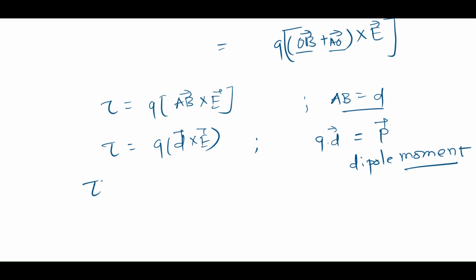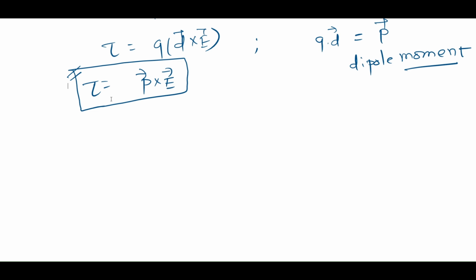So tau can be written as p cross E, where p is the electric dipole moment. This is the expression of torque experienced by an electric dipole, which is placed in a uniform electric field of magnitude E. The equation can also be written as pE sine theta, where theta is the angle between the line joining points A and B and the electric field vector.